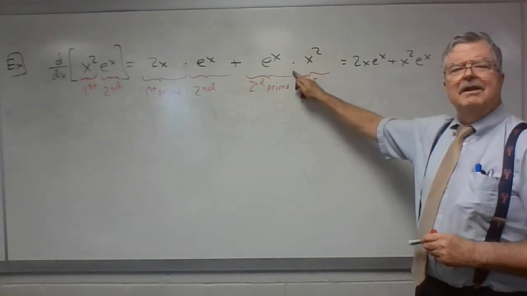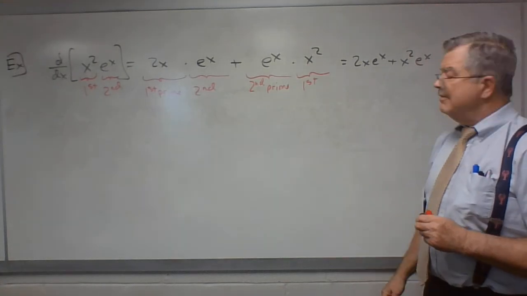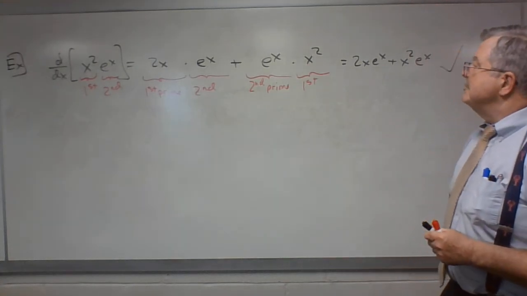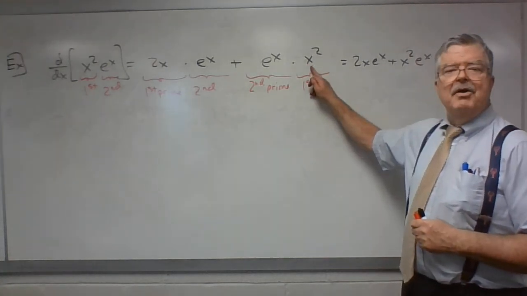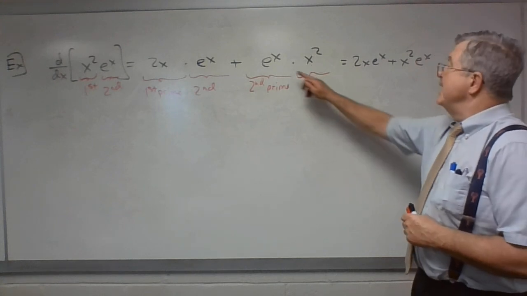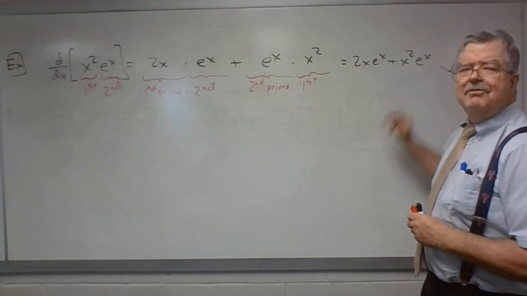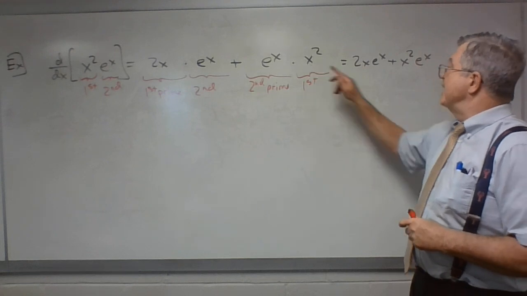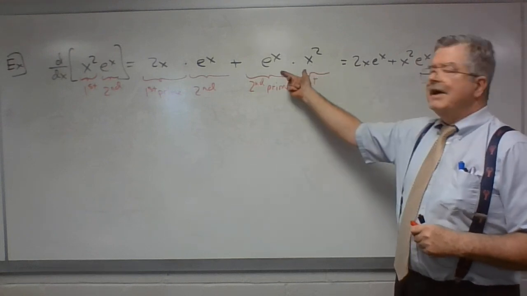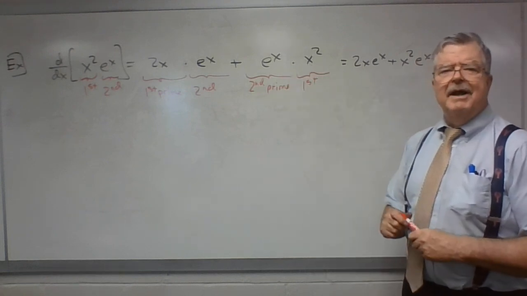Could I have left it like this? Yes, definitely I could. Typically, we like to put monomials in front of exponentials and in front of trig functions. So I just put the monomial first. If I had left it like that, that would have been fine.